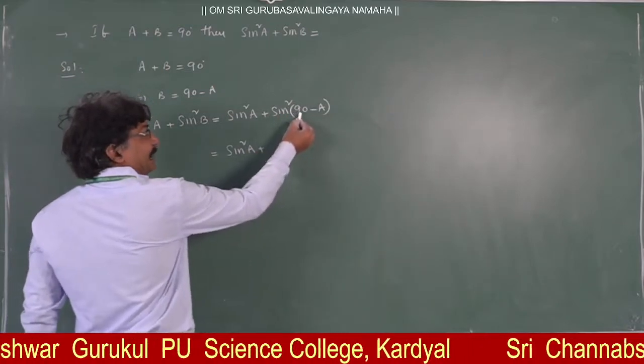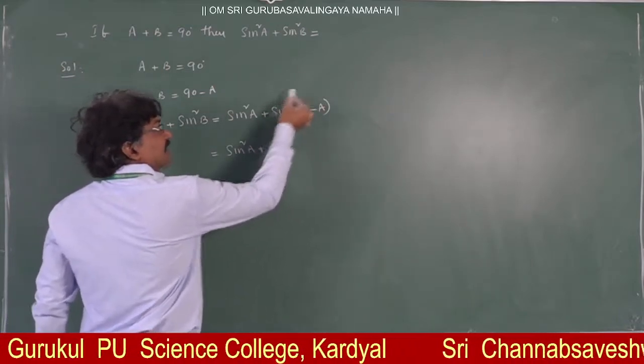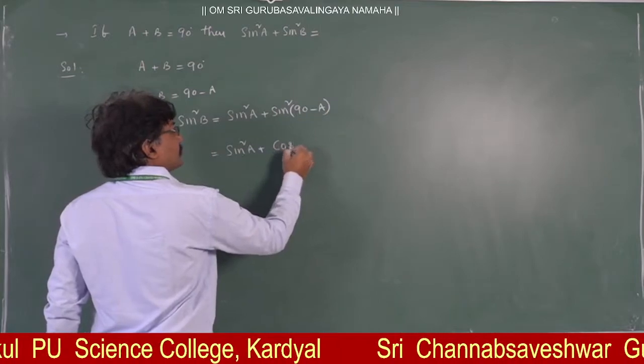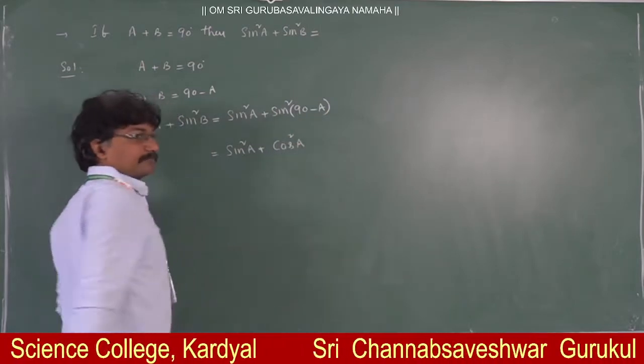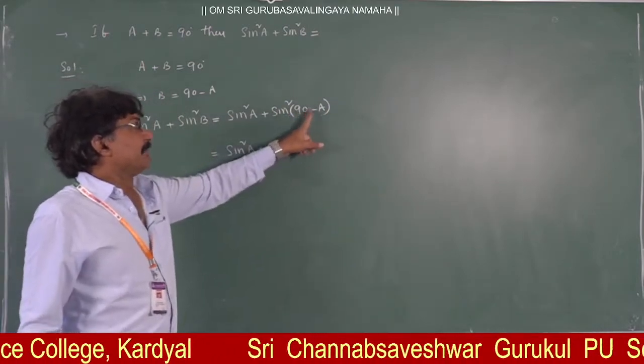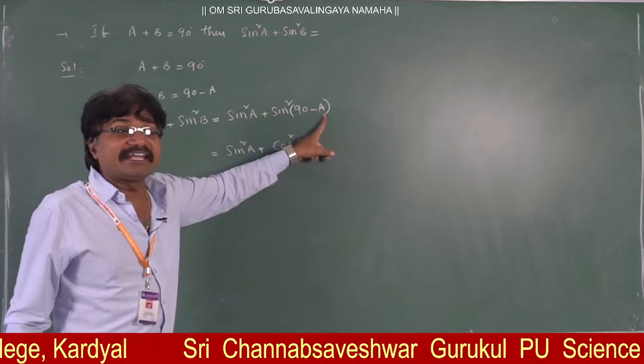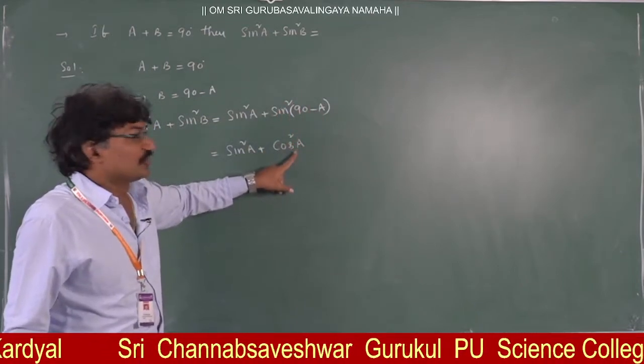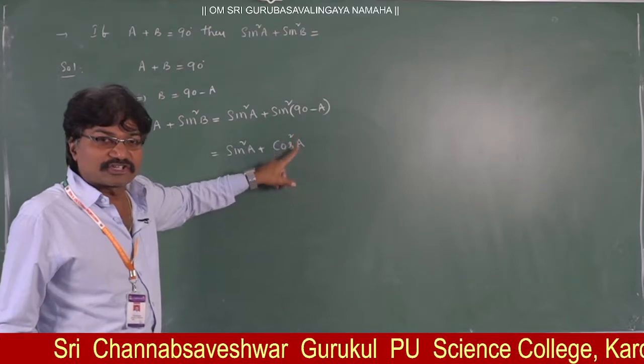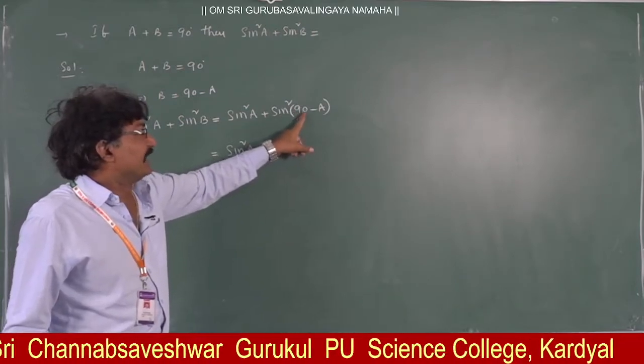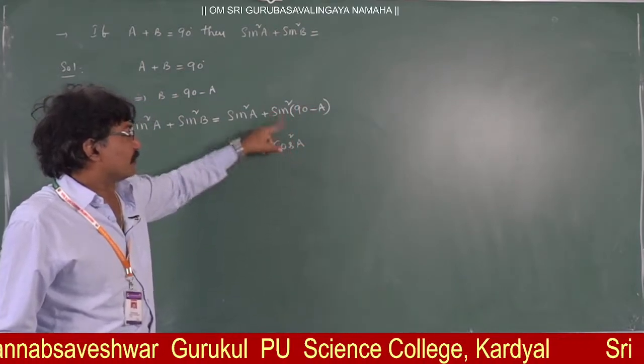For 90 minus or 90 plus theta, sin will be changed to cos. So sin of 90 minus theta is cos theta, whole square.